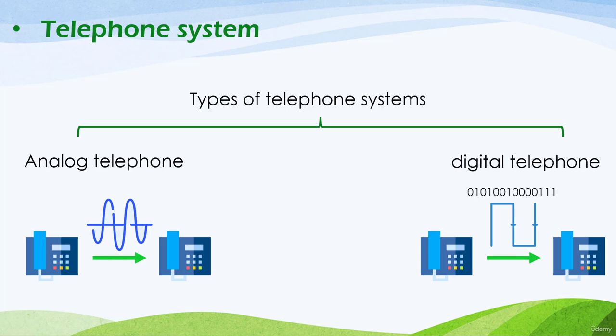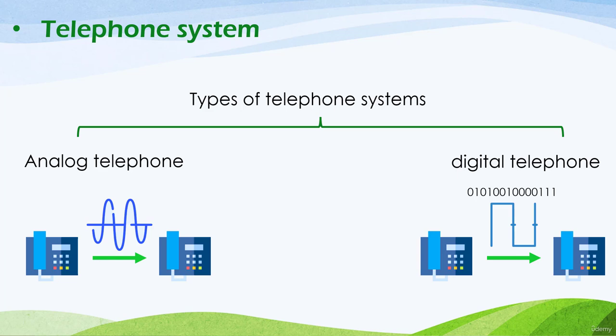And when the digital signal reaches the second device, it's converted back to an analog voice signal which the receiving person can recognize. So the main difference between the analog telephone system and the digital telephone system is that the digital system transmits a digital electrical signal of zeros and ones, while the analog telephones transmit an analog electrical signal like the sine wave, for example.